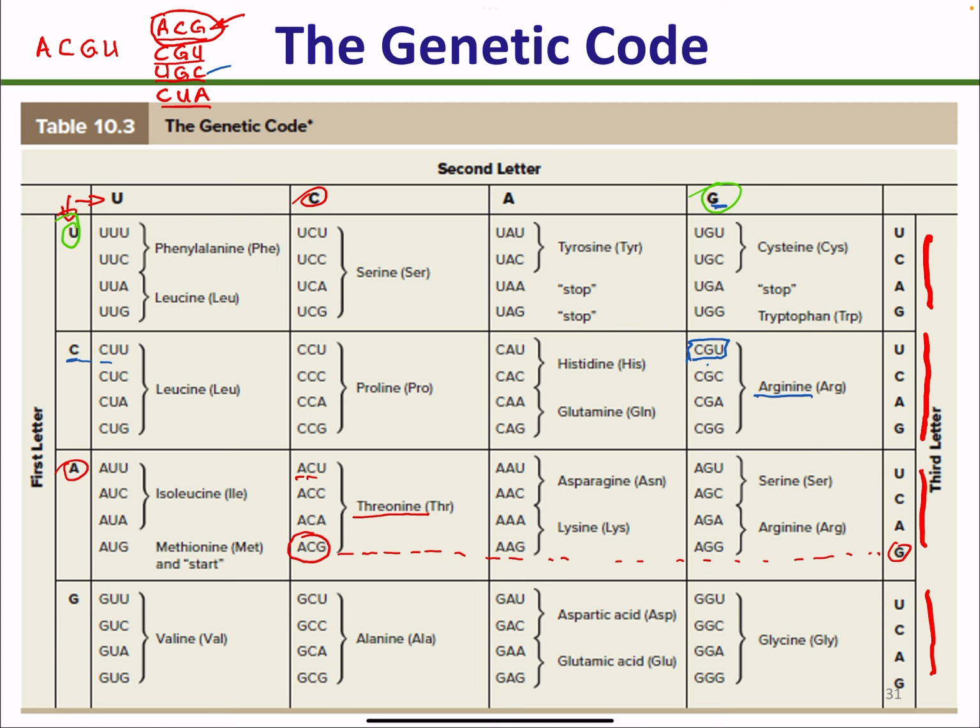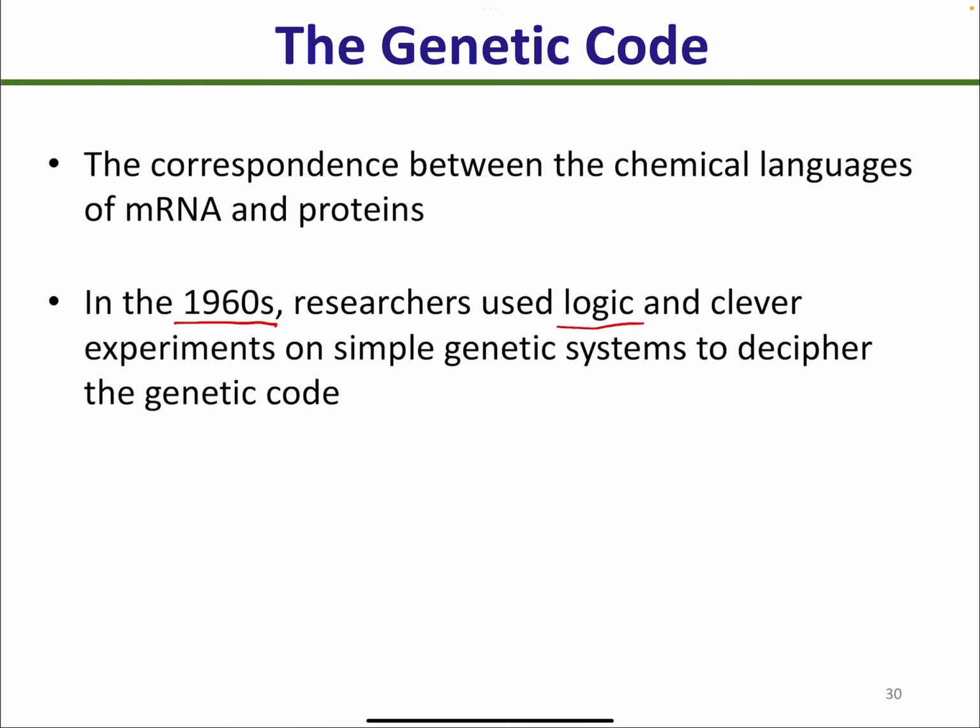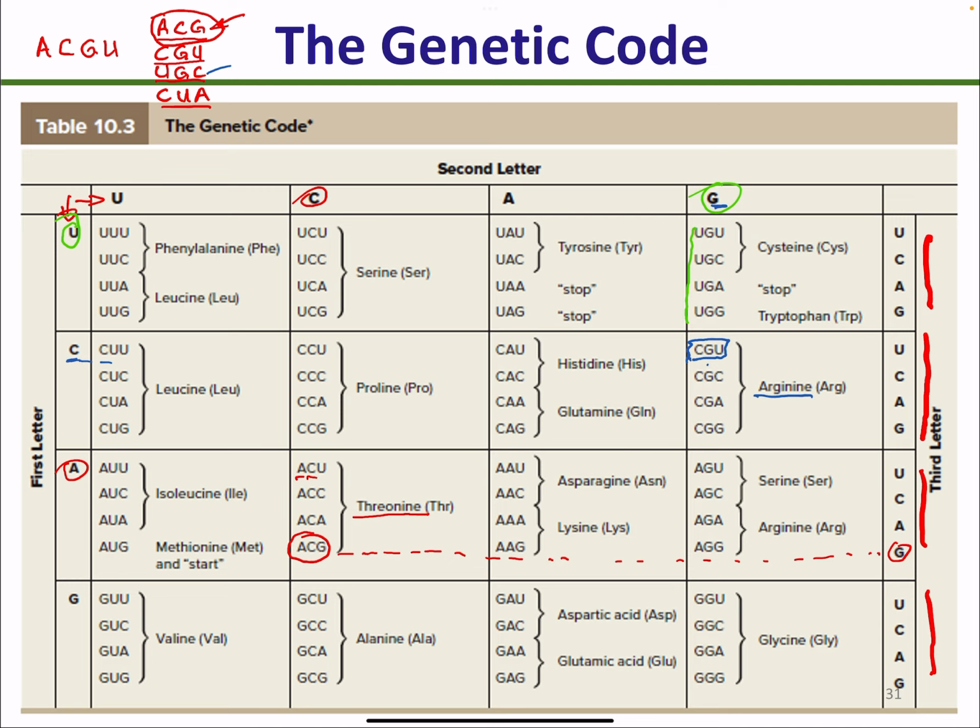Okay, so we are going to be in this area. Okay, now finally, where is C? Oops, I'm sorry. Oh, come on. C is right here. So now we have UGC, and the amino acid is cysteine.